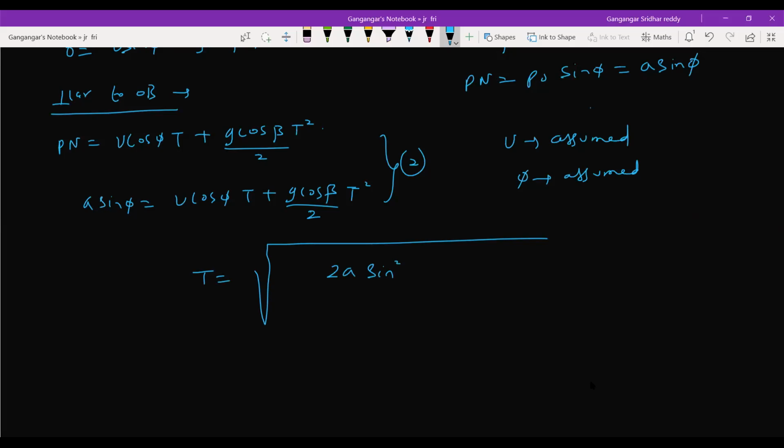Two A sine square alpha plus beta, G. Okay, this is the expression for the time of flight.